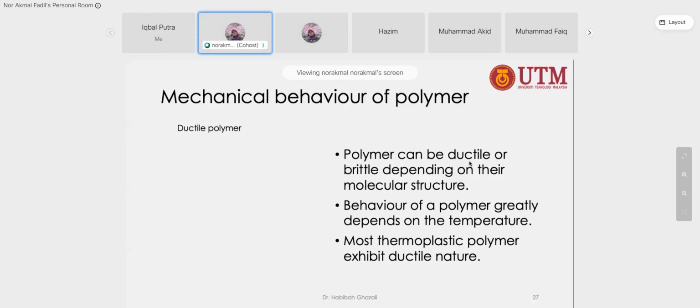And of course, if we look at the mechanical properties of polymer, okay, it is ductile, and depending on its molecular structure, it can be brittle also.